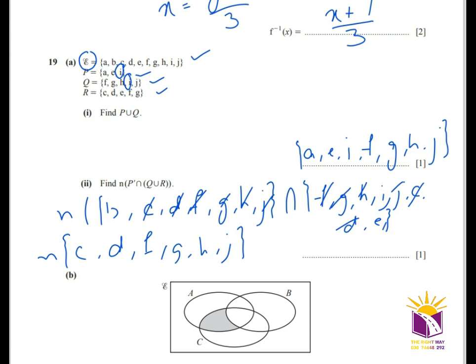So how many members are in this set? There are 6 members of this set. So the number of members in this set will be equal to 6.